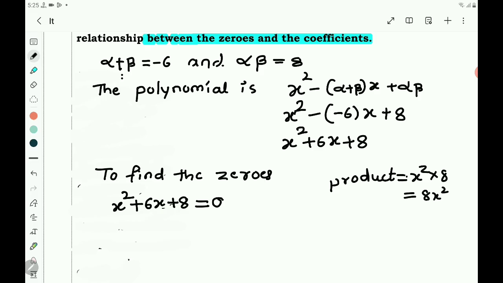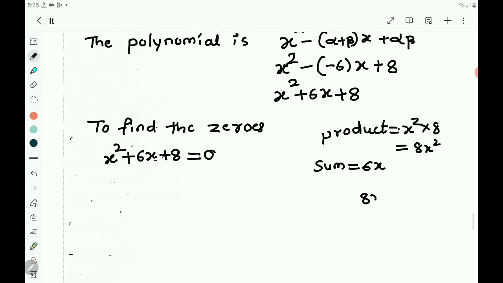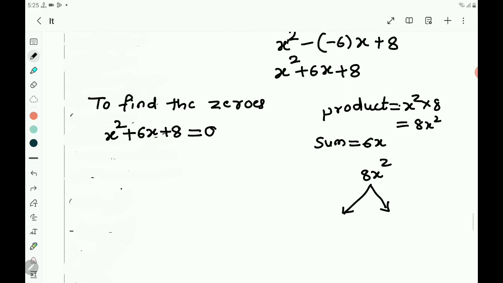And sum means the middle term. Sum equals 6x. Then 8x square is to be splitted to get the sum 6. You know that here the sum is having positive sign, the product is also having positive sign. So the factors are having positive sign. In which table 8 is there?